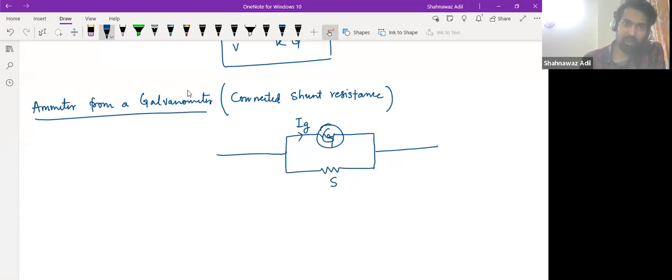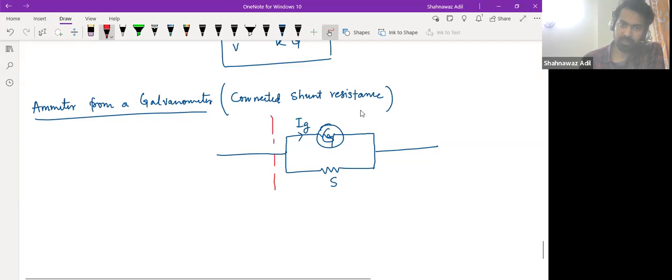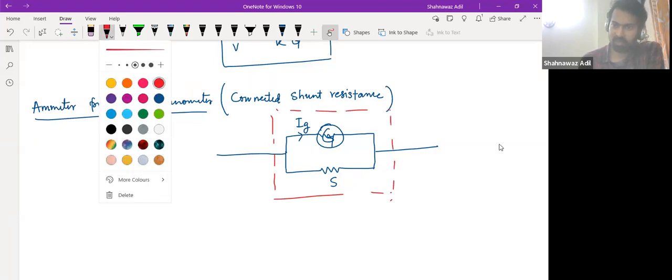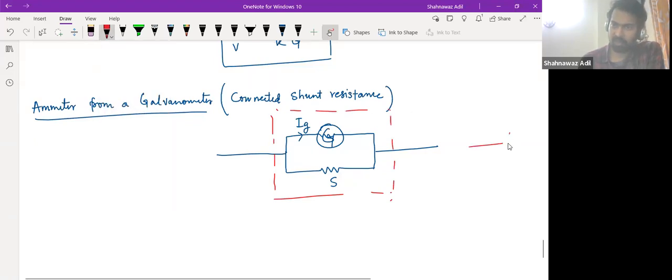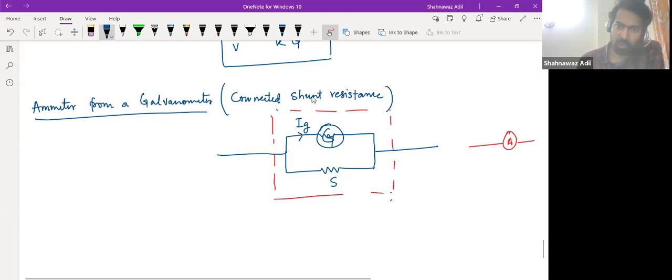And this whole setup is then called an ammeter. This shunt resistance is so low that it carries almost all the current.